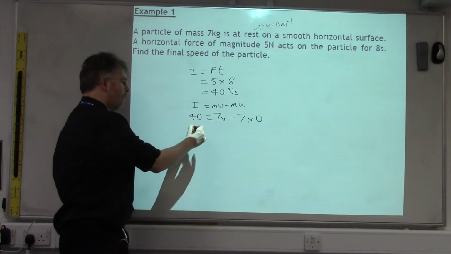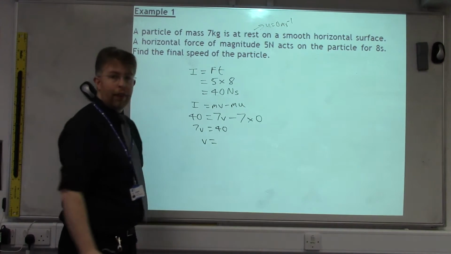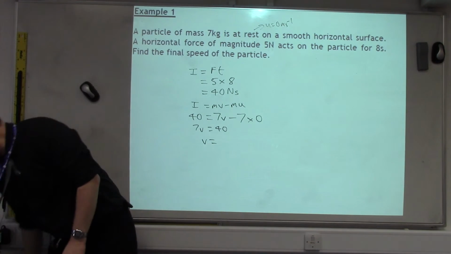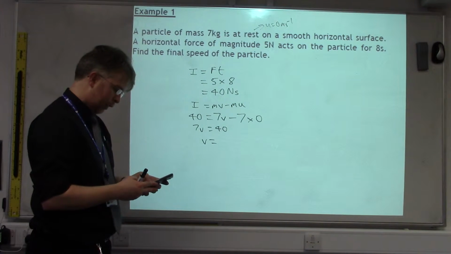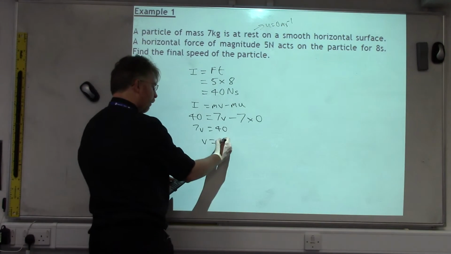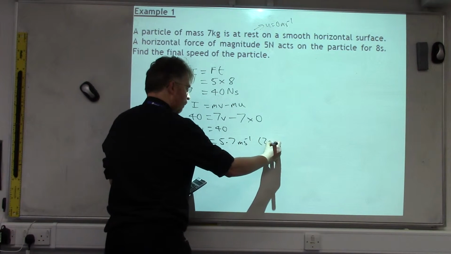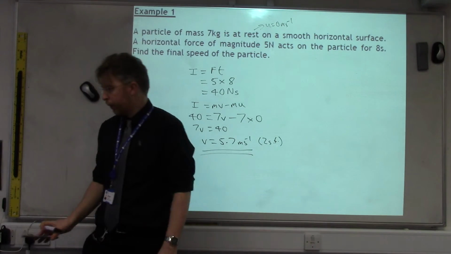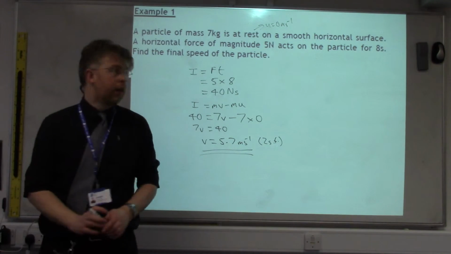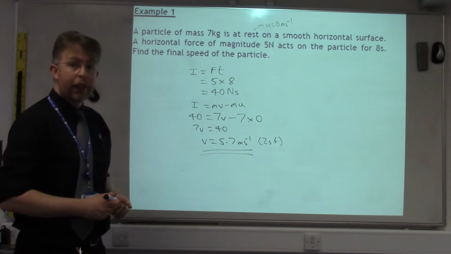So we end up with 7 times v equals 40, divide by the 7, and to two significant figures, we get 5.7 meters per second. And so we use both versions of impulse to find an unknown.